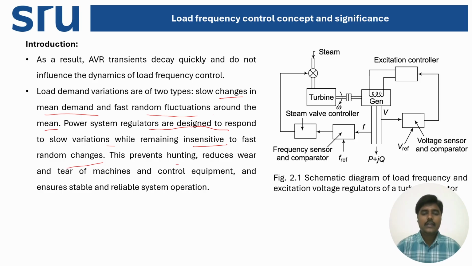This prevents hunting also, to reduce the wear and tear of machines and control equipment and to ensure stable and reliable system operation. Hunting here means whenever there is a sudden change in the load, the machine will try to have some kind of oscillations or vibrations. That phenomenon is called hunting.